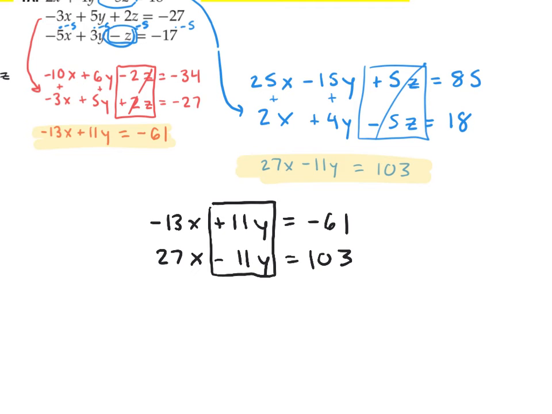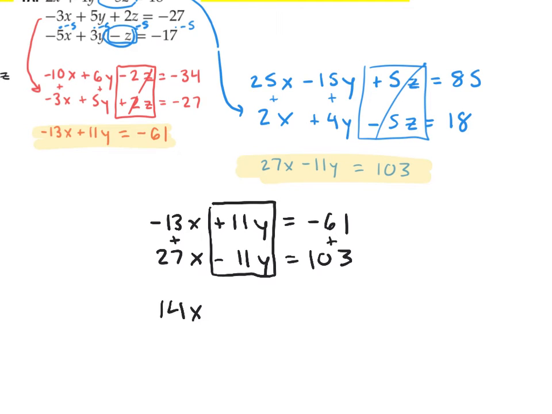What is negative 13x plus 27x? 14x. What happens to 11y minus 11y? Cancels out.